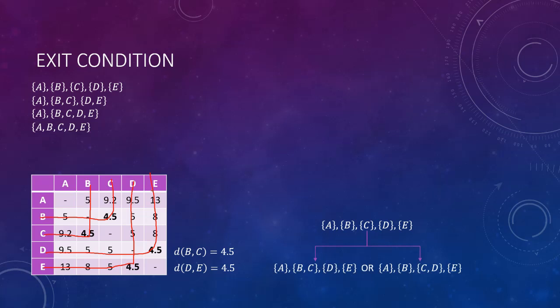So the result of this, if we were to say go till if there's 4 clusters, would be either A, B, C, D, and E, or A, B, C, D, and E. Either of these could be the correct answer. And in both cases, we have exactly 4 clusters, which ends up being our result.